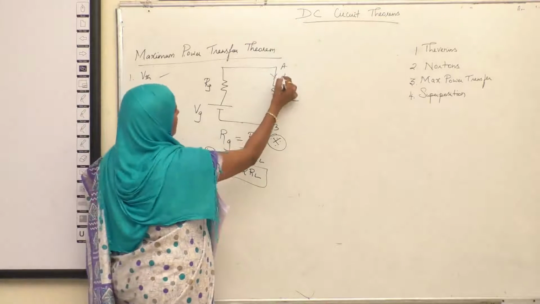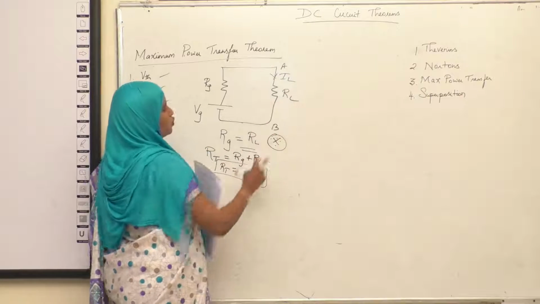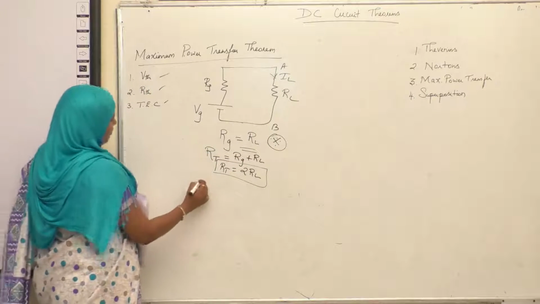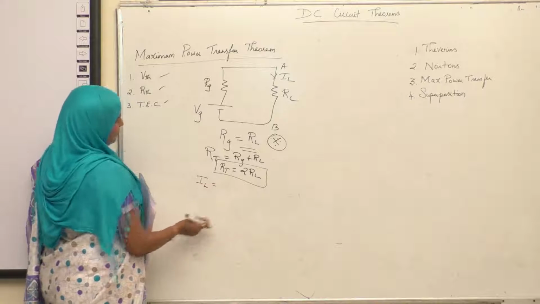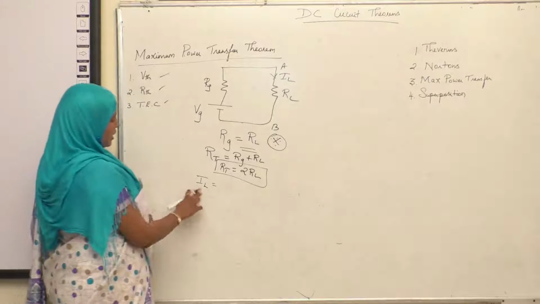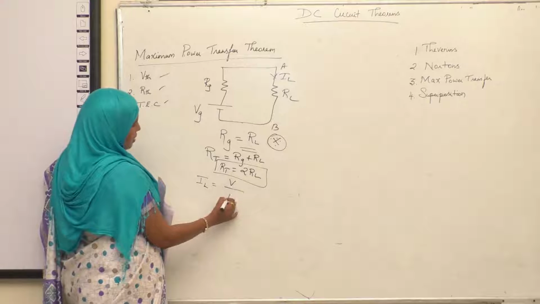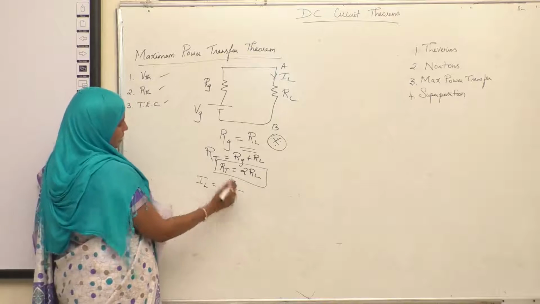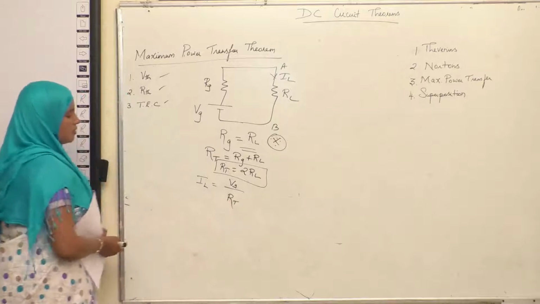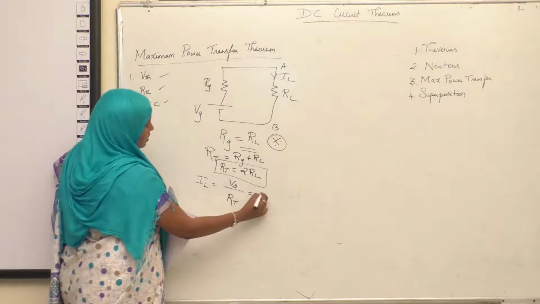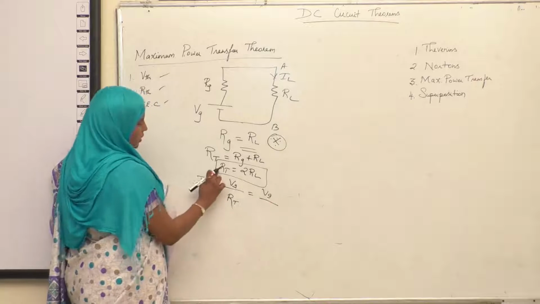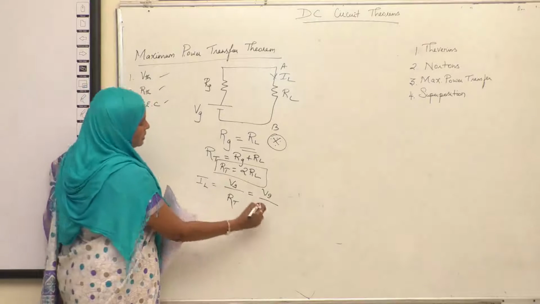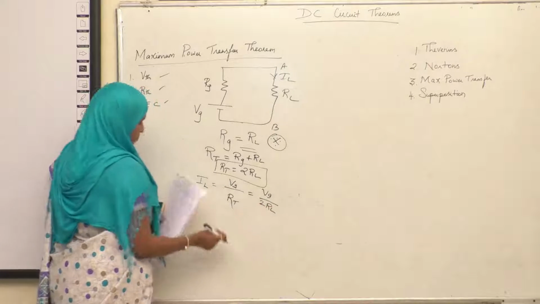Now, IL is the one current which flows through RL. How will you find IL here? Ohm's law, current equal to V by R. Here V is this Vg, R is the total resistance RT. So this gives you Vg by, already you have found out the value of RT, that is 2RL.